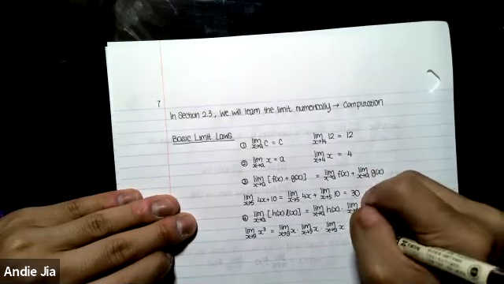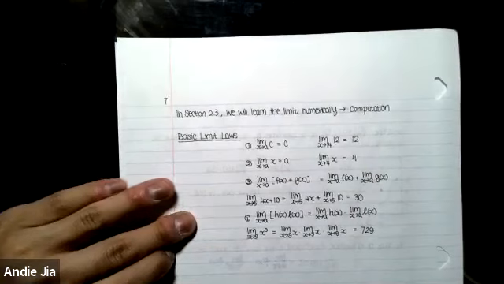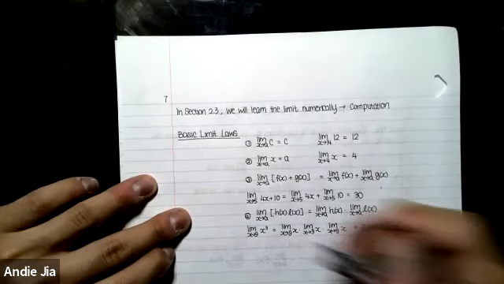It is 729. Number 5 is the quotient rule.